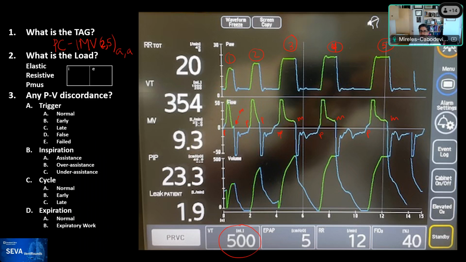And one other thing I want to point out, we don't say this just because we figured it out by looking at the waveforms. Let me read to you what the manual says. For PRVC, it says, applied inspiratory positive airway pressure is automatically adjusted to obtain the set tidal volume. Okay, that's adaptive targeting.